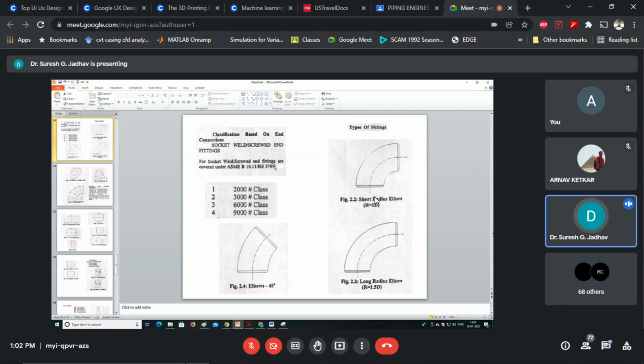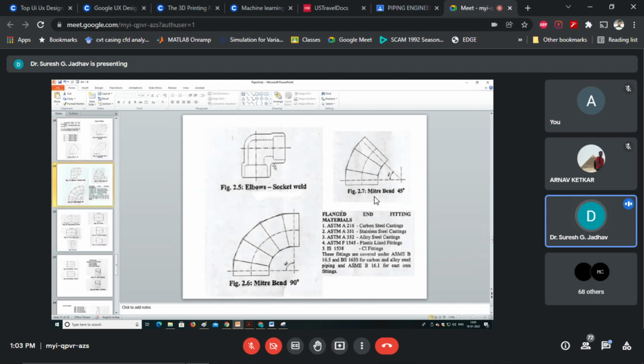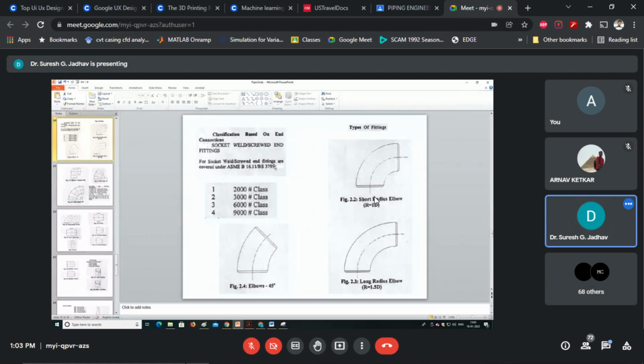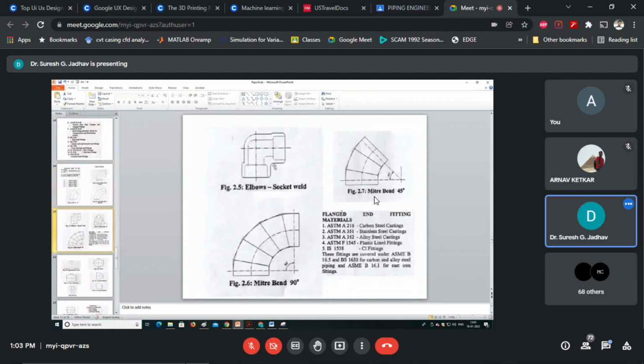The socket weld or screw fittings are manufactured by forging. So here we have to consider the material standards for different applications.